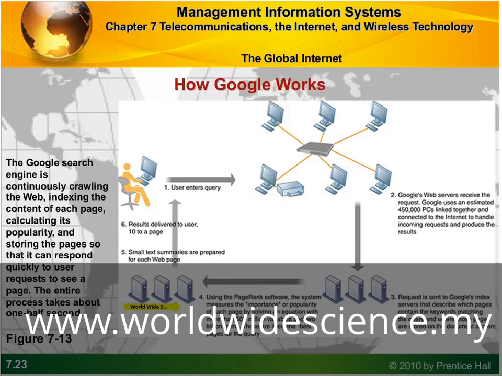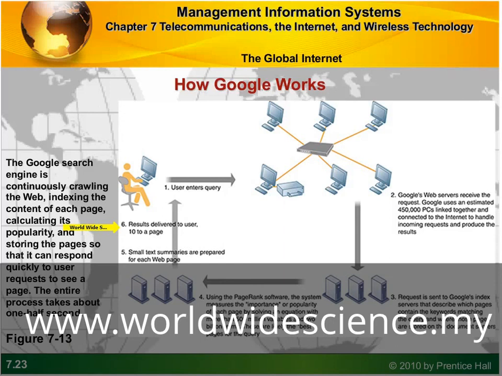And in the next step, page rank software is used to rank these different pages and choose a specific topic or some words for each page, and then after the summary of this text, the result is delivered to the user, for example, 10 in each page.